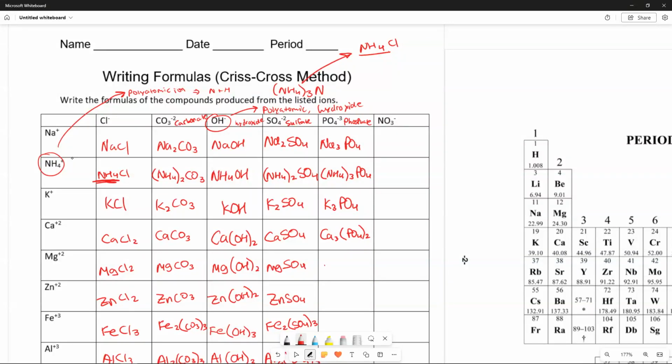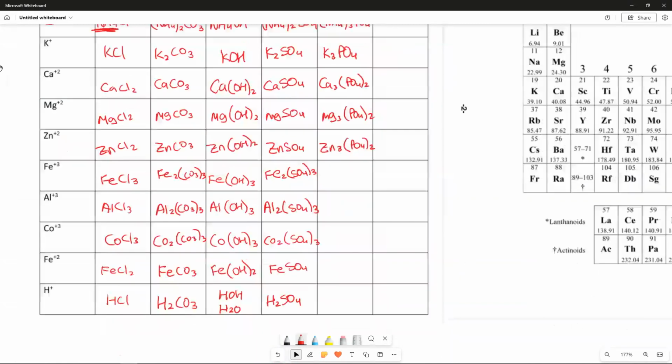Mg 2 plus has the same issue. We need 3 Mgs for every 2 phosphates, which gives us Mg3(PO4)2. Same deal with zinc here. Zinc, we need 3, (PO4)2. Parentheses on all these because we have more than one polyatomic ion.